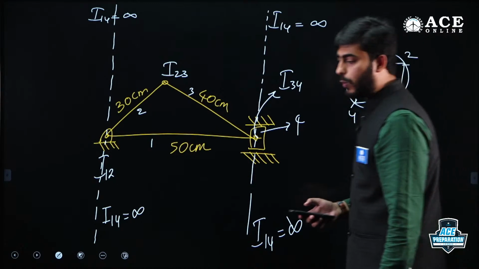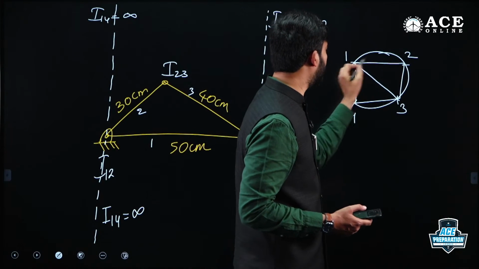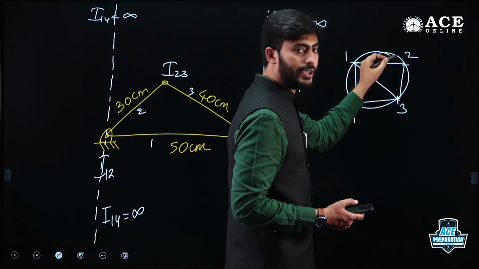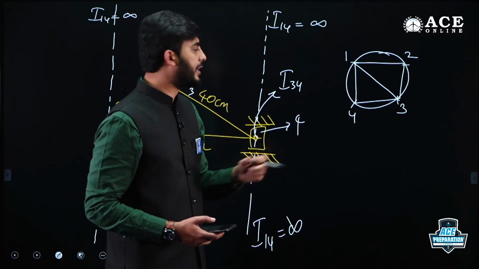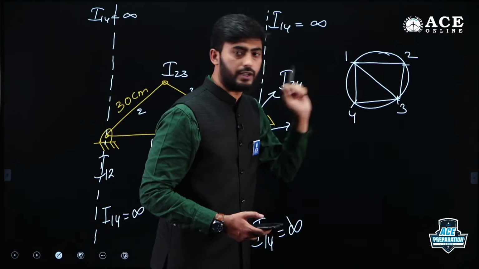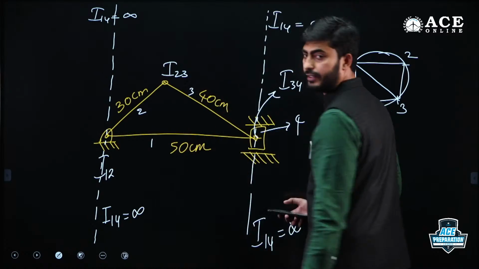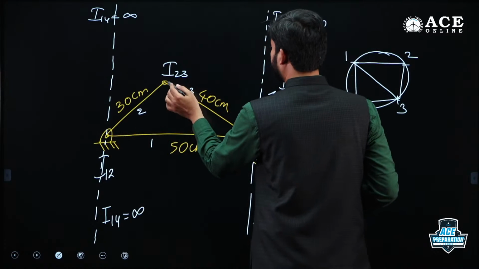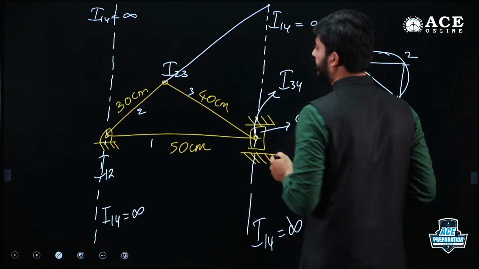I center 1 3 will be collinear with 1 2 and 2 3. So 1 2 is present here, 2 3 is present here. Extend this line, it will meet somewhere, I14 at here.